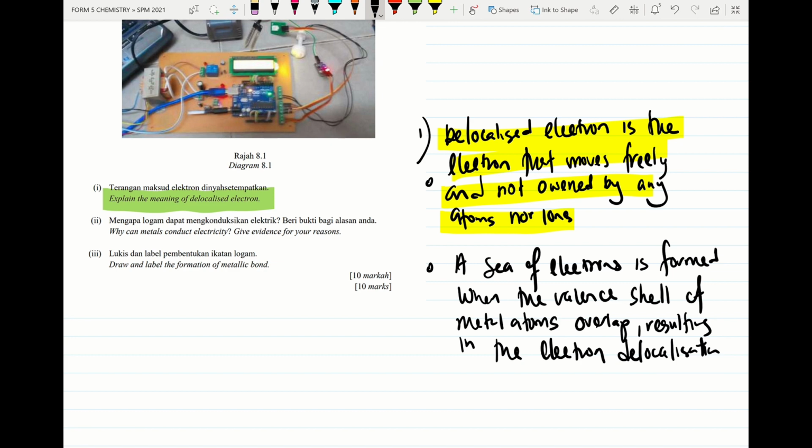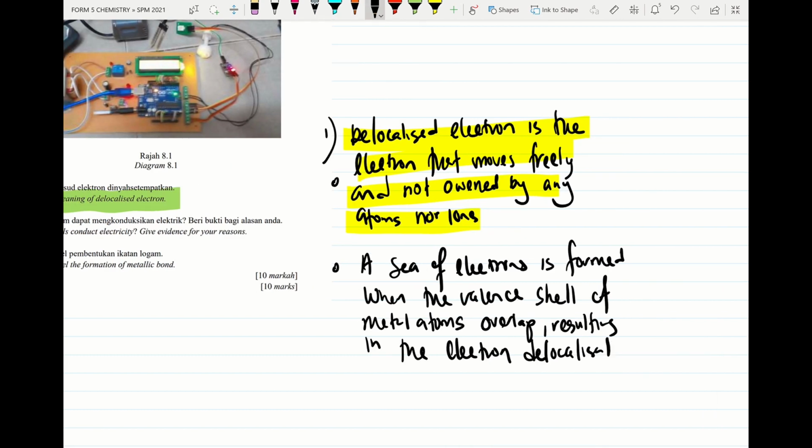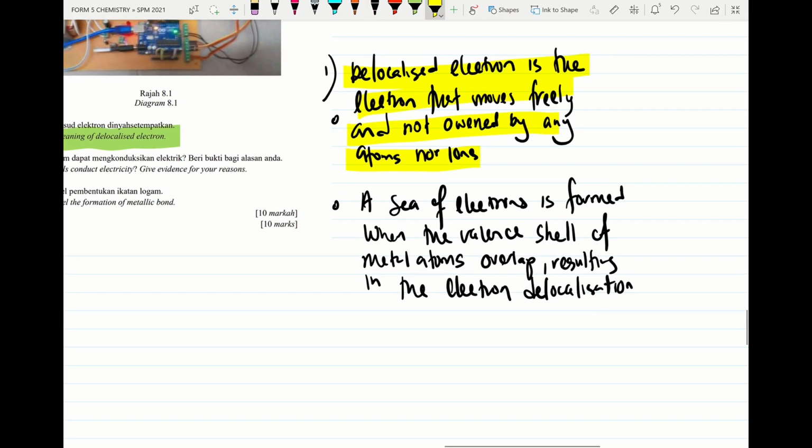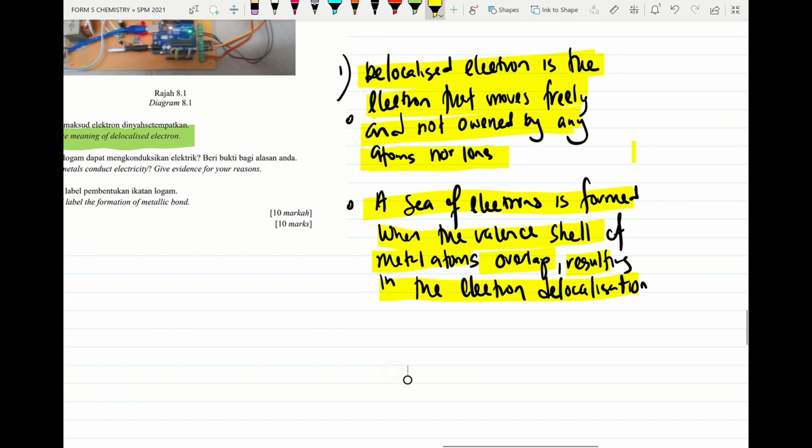So these are the answers that students should write here. We go through again. A delocalized electron is the electron that moves freely and is not owned by any atoms nor ion. The sea of electrons is formed when the valence shells of metal atoms overlap, resulting in the electron delocalization.